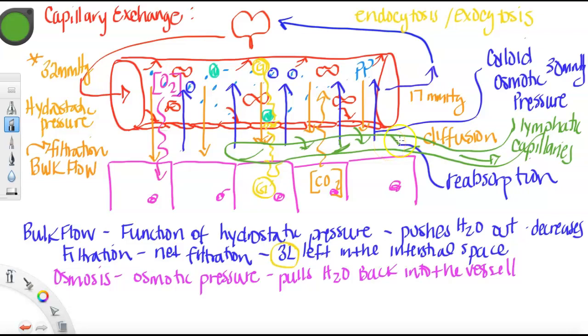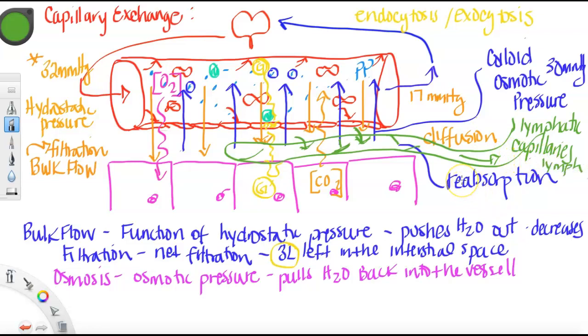So I think that's about it for capillary exchange. We'll talk about the lymphatic system next because we're going into that and the immune system. But once that fluid enters the lymphatic vessel, it is no longer blood. It is called lymph.